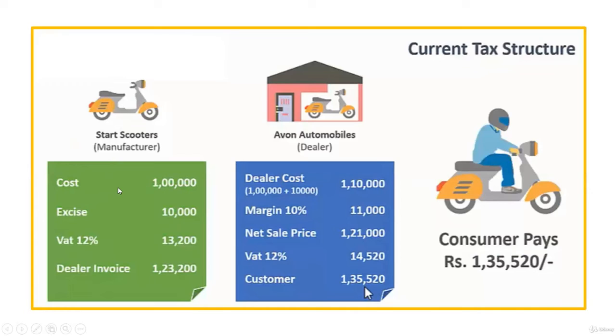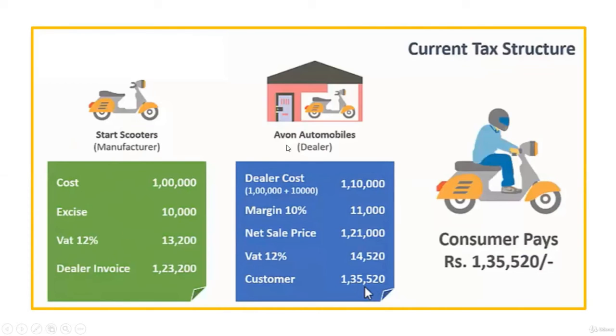On this cost, it applies excise duty of rupees 10,000. On that total amount, they apply VAT to sell to Avon Automobiles, a dealer. So the dealer invoice comes to 1,23,200. This is a local sale, that's why Start Scooters applied VAT of 12%.